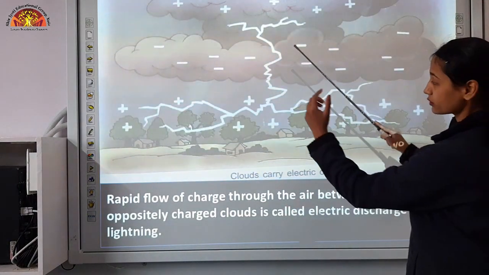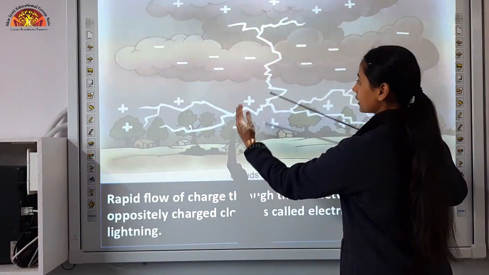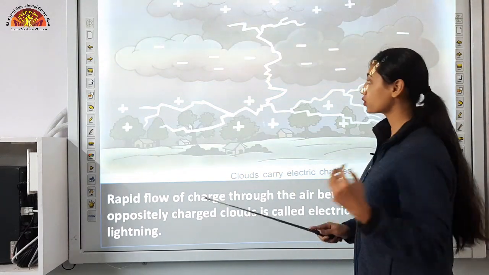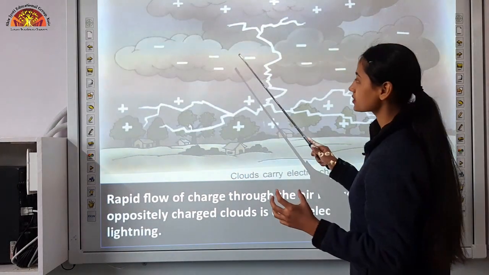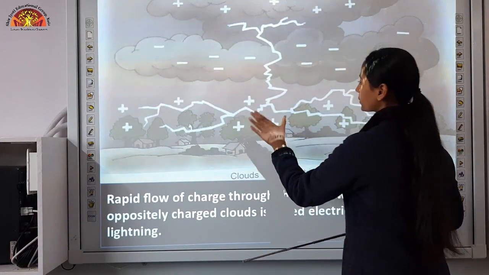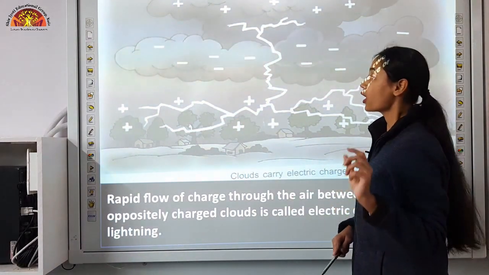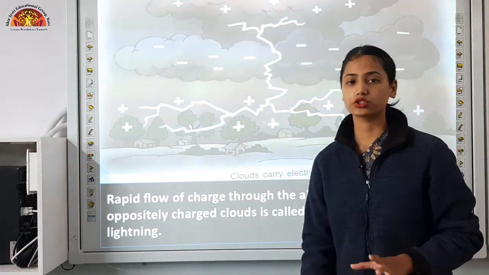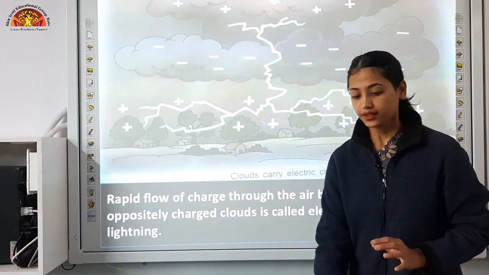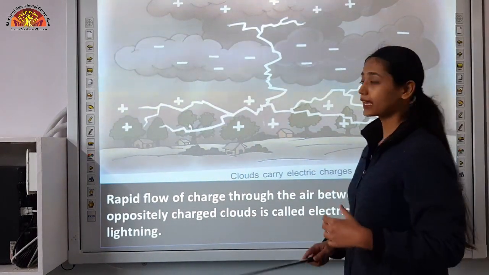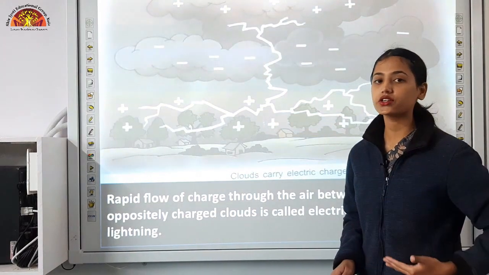Between the cloud and the ground, air is present. And we know that air is an insulator. So, normally, there is no attraction between this negative and positive charge on the ground because air acts as an insulator. But if the amount of these charges is very huge, then the air present between cloud and ground cannot resist the flow of charges.